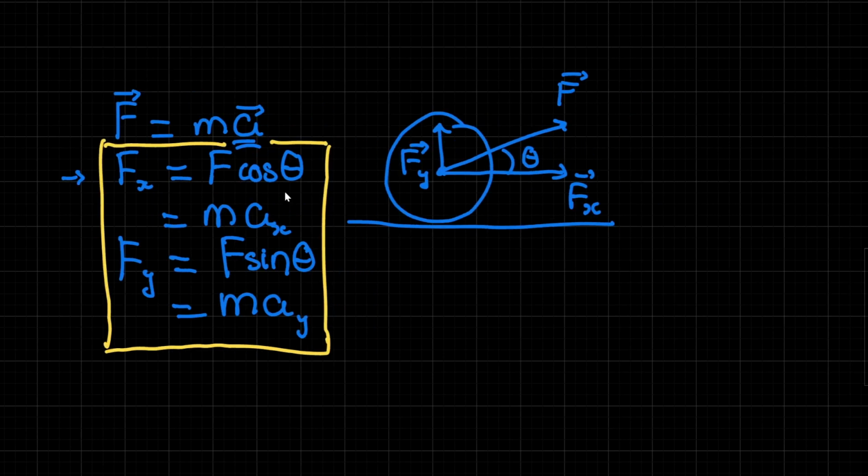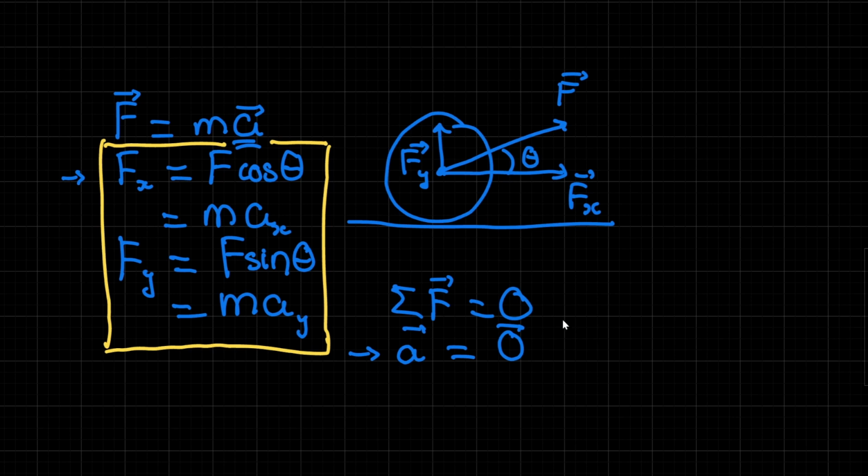Another thing I want to point out is from this we can conclude the exact same thing as Newton's first law. So the first law is the total force equals 0, right? So that makes the acceleration a equals 0 too.